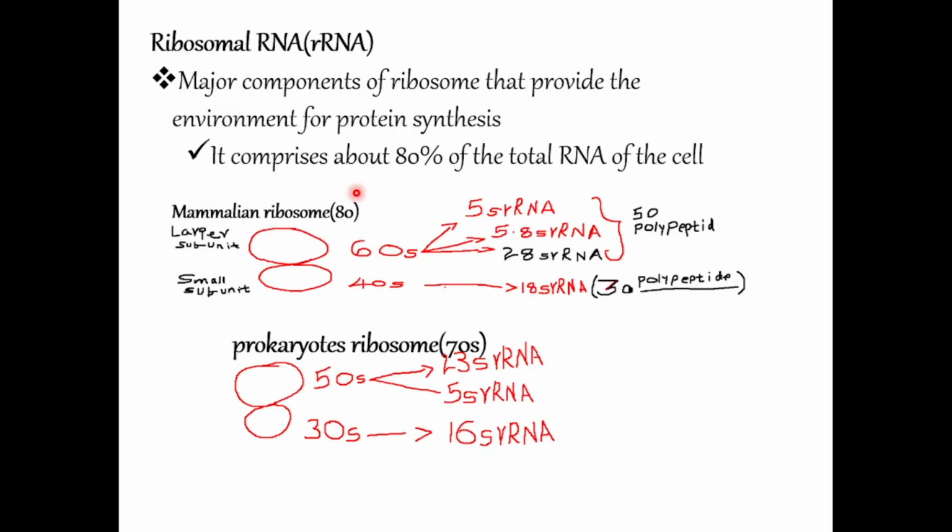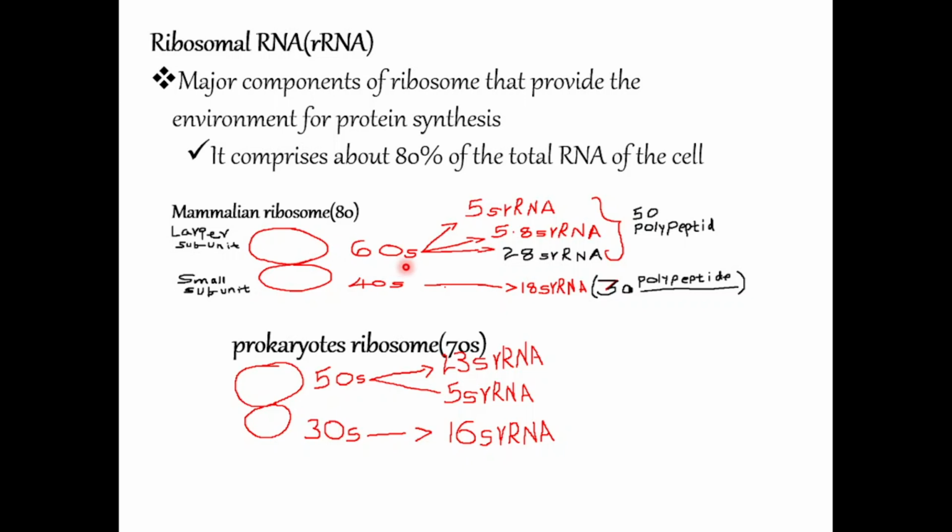What about ribosomal RNA? Actually, ribosomal RNA is much more abundant in number, but its role is maybe a structural role. You know, in mammals, there is an 80S ribosome that can be divided into a large subunit and a small subunit.